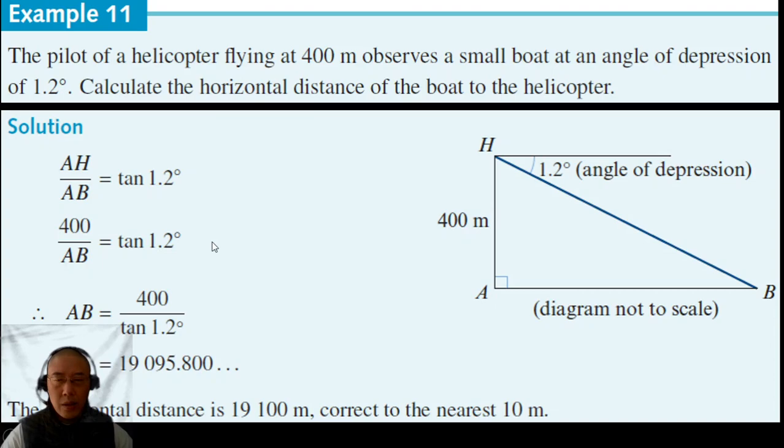Again, just make sure when you use your CAS calculator, your calculator is either set in degrees or you need to add the degree symbol as well. And as it is a question, it's a good practice to write a sentence to list the actual value.